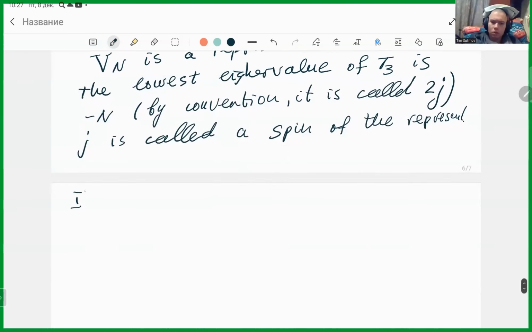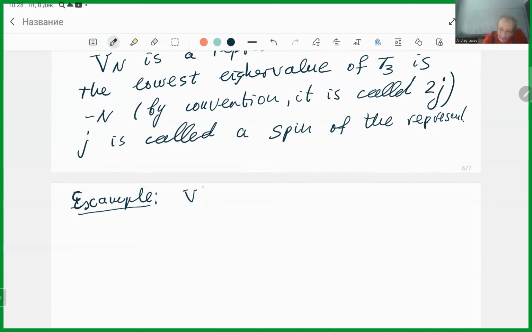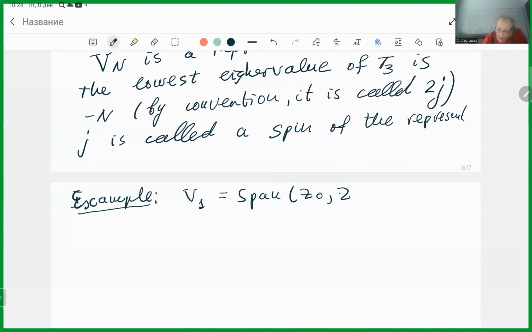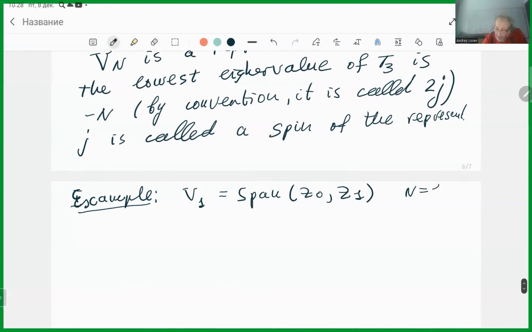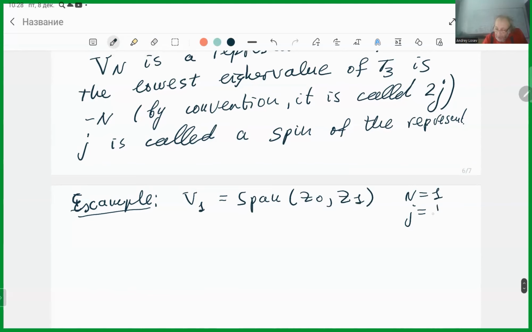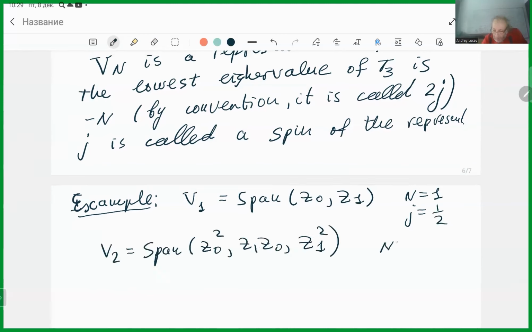Wait, why is it 2J? Example: V1 contains the span of Z0 and Z1. N equals 1, J equals 1/2. V2, N equals 2, J equals 1.